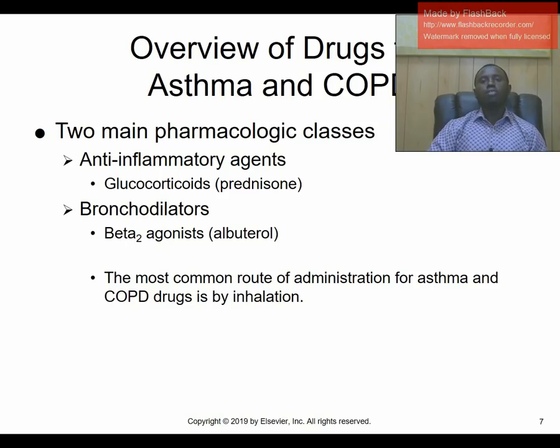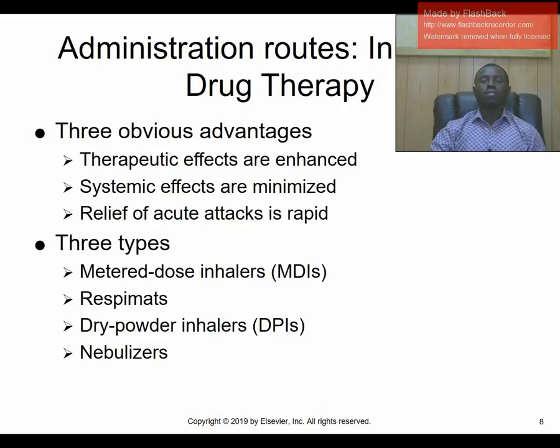The most common route used for these medications is the inhalation route. So why do we give these drugs by the inhalation route?